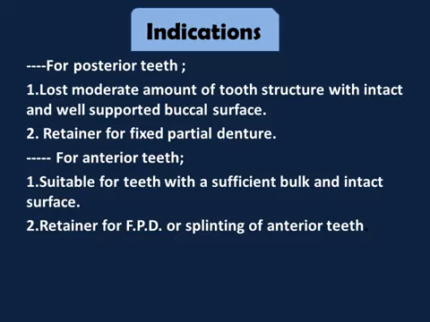And mainly, I use the partial veneer crown as a retainer for a fixed partial denture. Besides that, I can use it as a splint for anterior teeth. I mean by the splinting of the anterior teeth, when there is a mobility of the anterior teeth due to periodontitis, I can use the partial veneer crown as a splint for them.